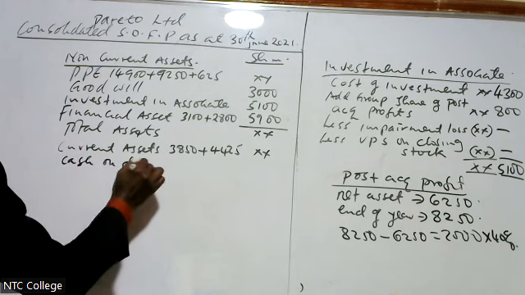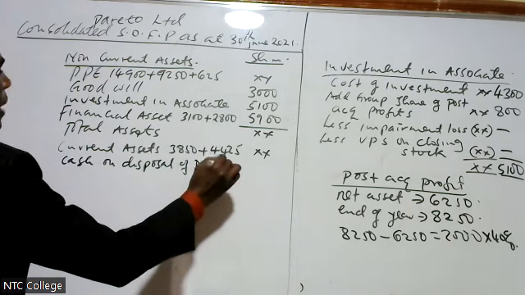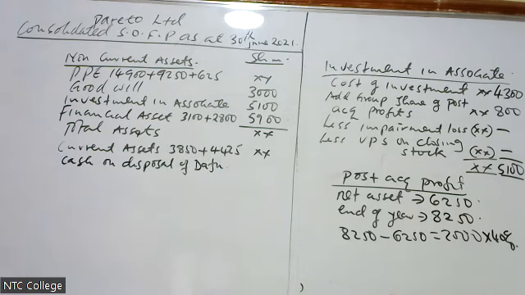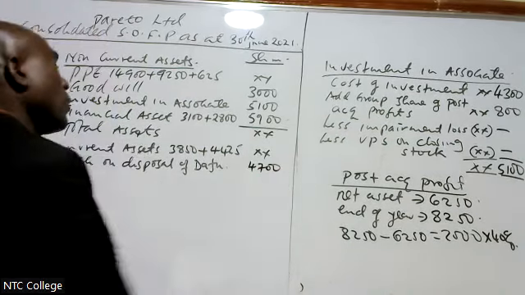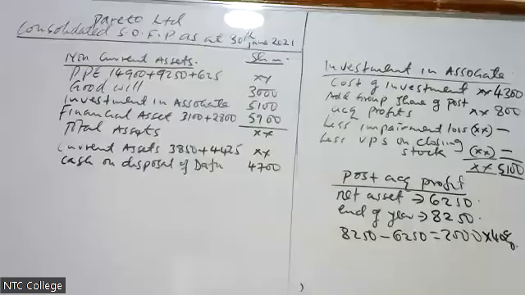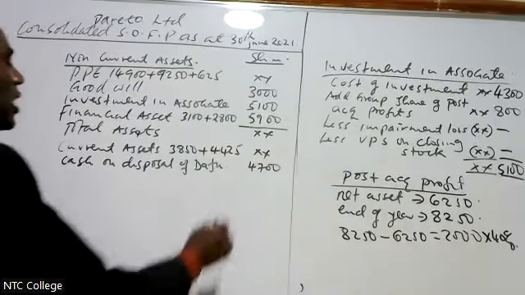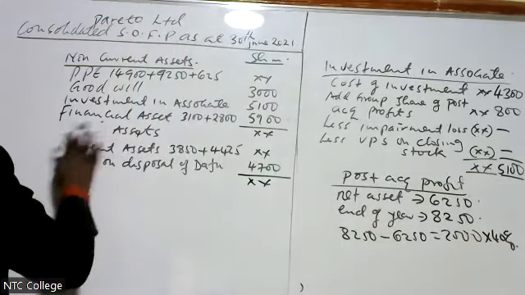Then we have cash on disposal of DAF Limited. Remember, the examiner said that we have not accounted for that disposal. Therefore, it means that the cash of 4,700, we have not accounted for it. Then, this is not total assets, kindly.